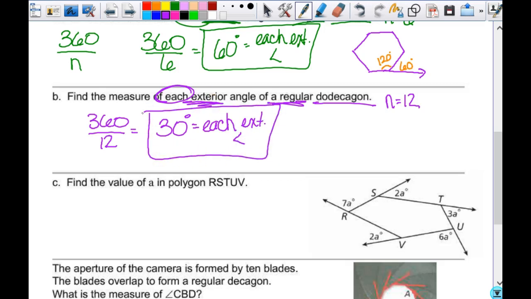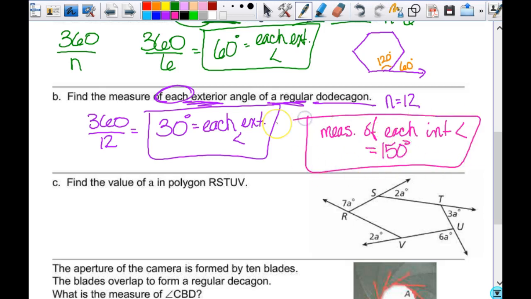Which means then, it doesn't ask you that here, but the measure of each interior angle would have to equal what? 150. I know it only asks for exterior, and you don't have to always go find the other, but do you see how easy that makes that? And the numbers end up being a little bit smaller sometimes.